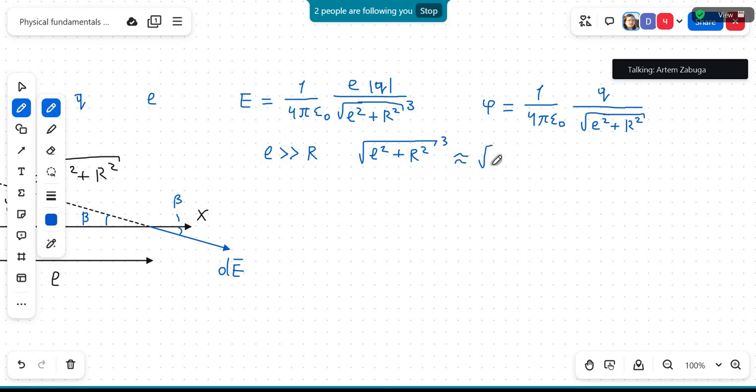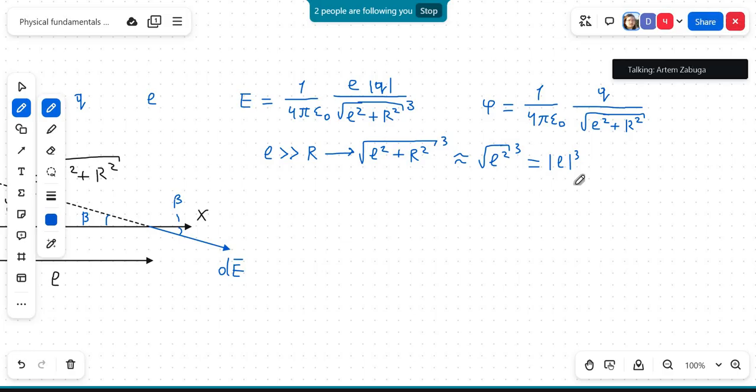the square root of L to the power of 2, to the power of 3. And this will be equal to the absolute value of L to the power of 3.